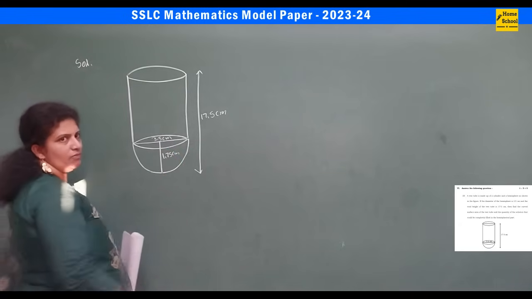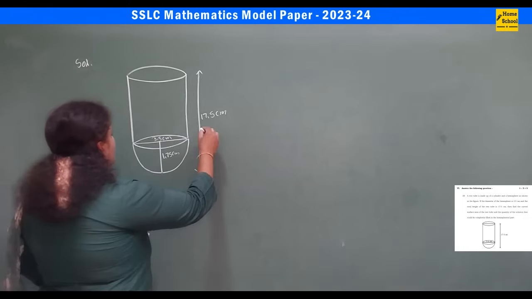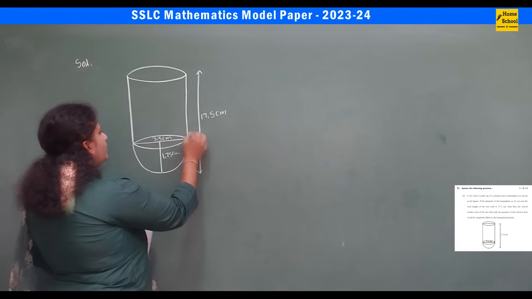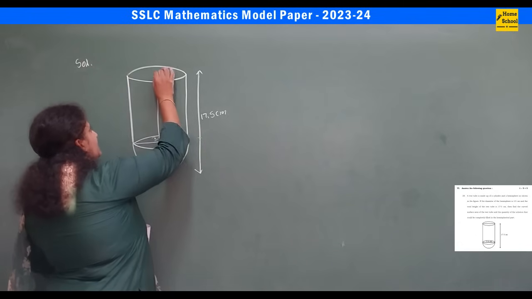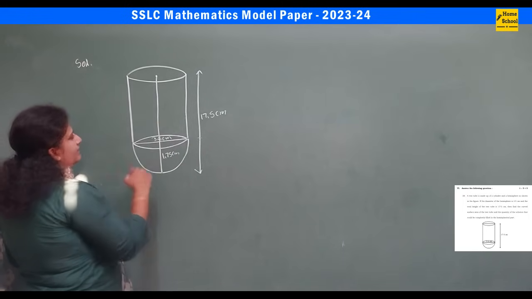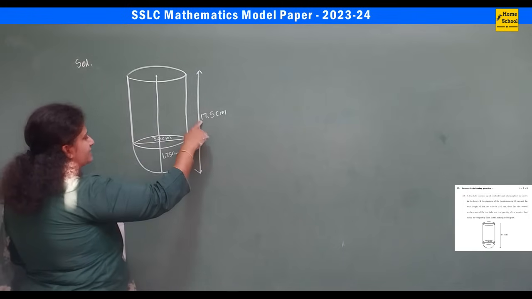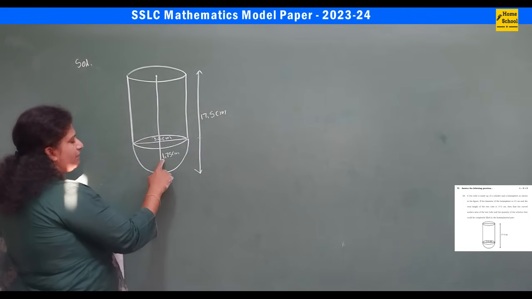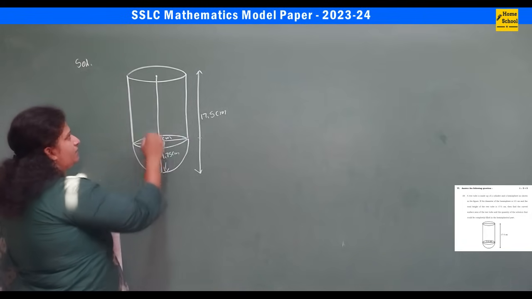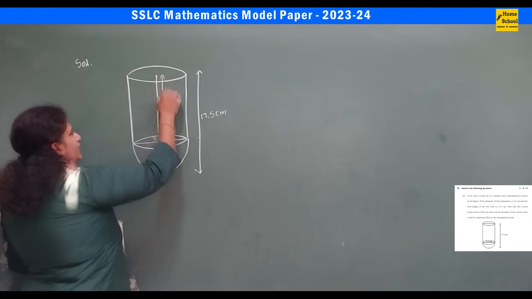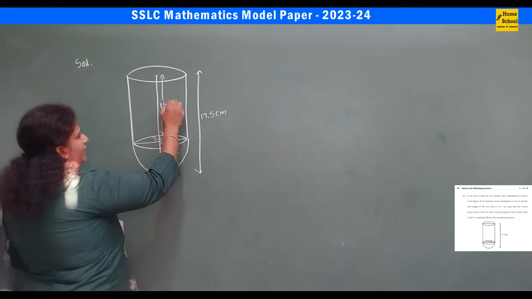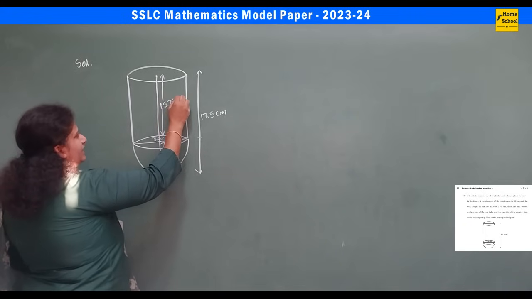So radius is 1.75. This 1.75 height also you should remove in order to get the cylinder height. Now in order to get the cylinder height, we need to subtract 1.75 from 17.5, only up to here, right? That means it will be 15.75 centimeter.